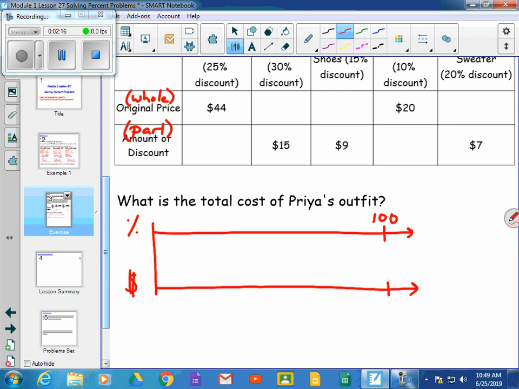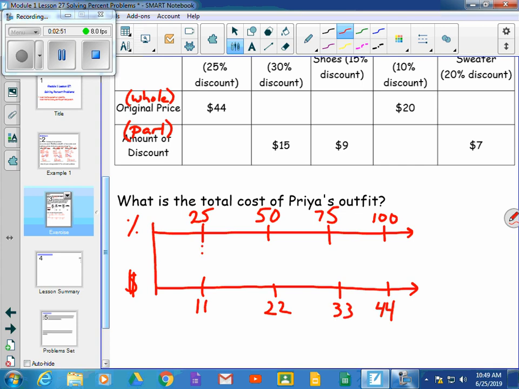My whole is the original price, $44. I need to get 25% on my top number line. If I divide 100 into 4 equal pieces, I go up by 25s. If I match my tick marks, that means I have to divide the 44 by 4. 44 divided by 4 is 11. So I'm going up by 11s on the bottom number line.